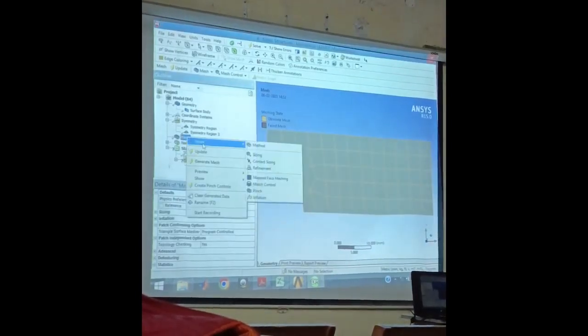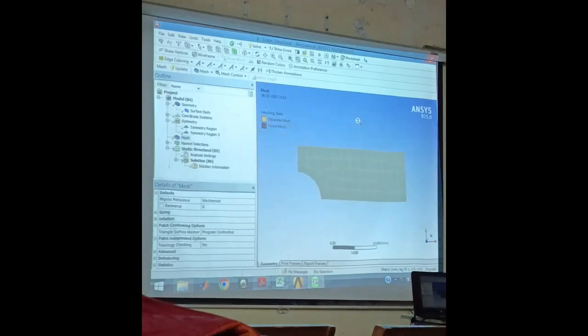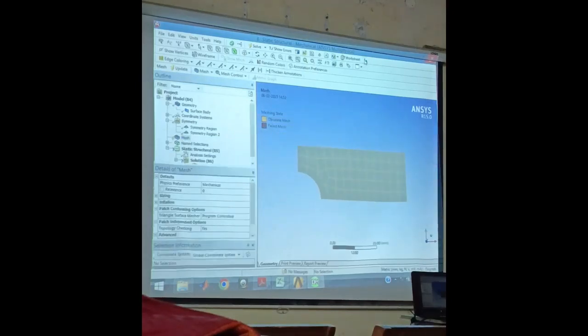First of all, let me set the size. What is the length of this model? We can get it from this information. If you click this, it is showing not area, but line. This length is 50.